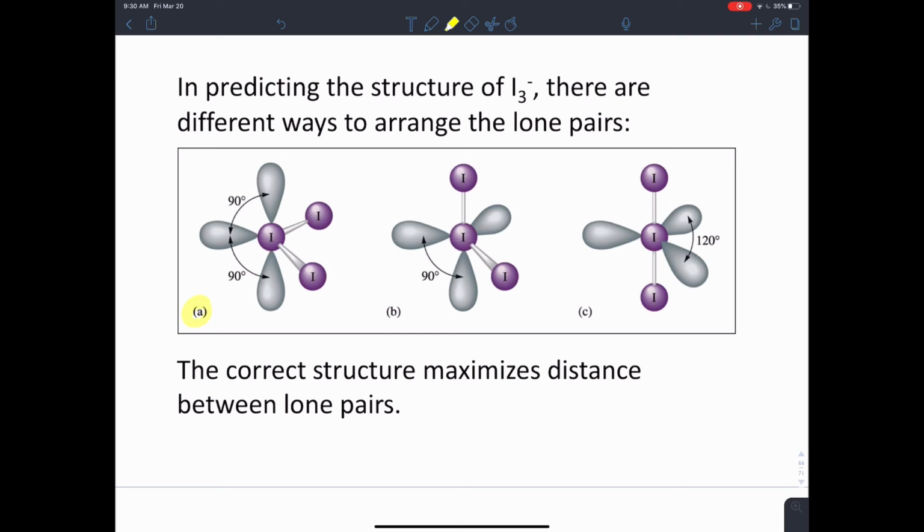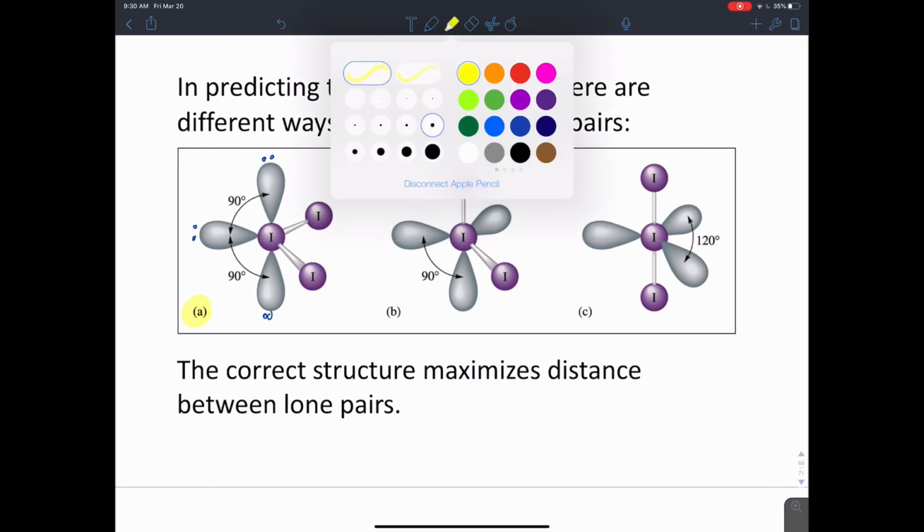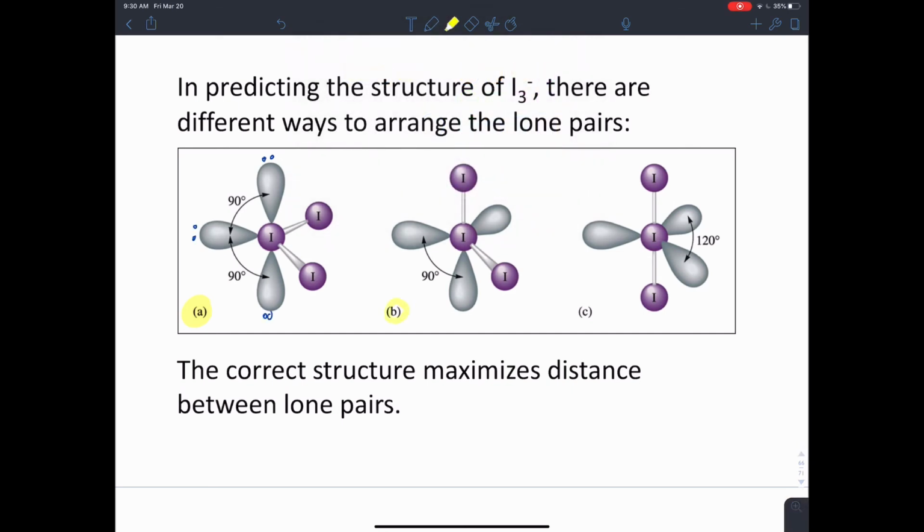In the first example here, we could put them all on the left where these gray clouds are, put a lone pair here, one here, and one here. Or we could put two on the central plane, it looks like, and then one on the y-axis. We're just comparing these three options to figure out which one looks the best.